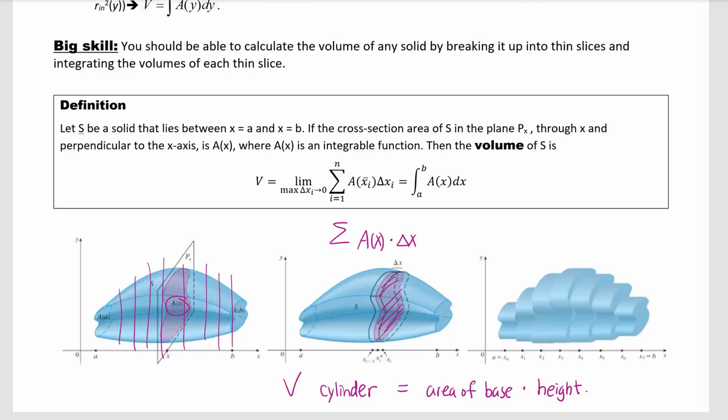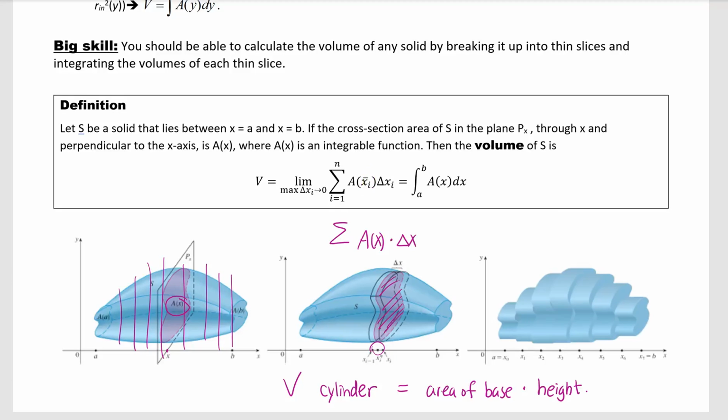So that's why you have here the limit as change of x goes to 0, and then we have those A of x_i bar. So x_i bar is any point over that interval, x_{i-1} to x_i.